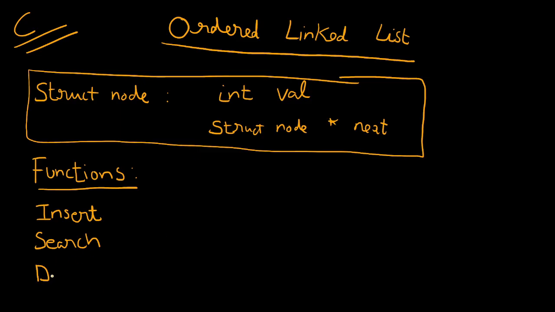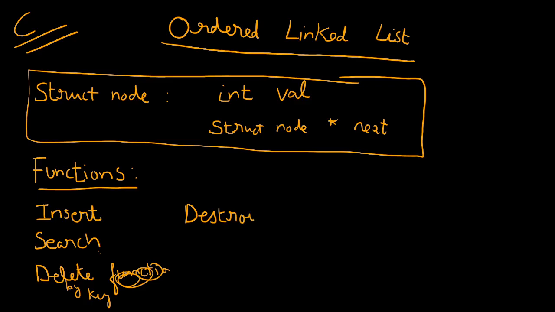So we have insert, search, and delete. Delete by key: we'll give a value, a key, and it's going to delete that. And then we are going to have a destroy function. Because we are doing it in C, we need to manage the memory on our own.